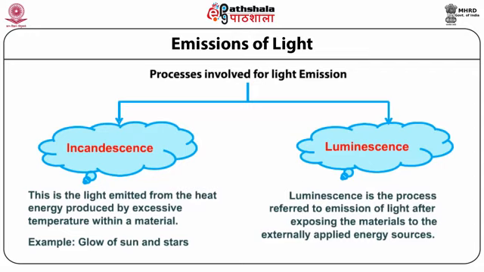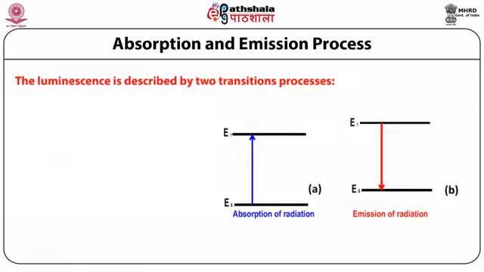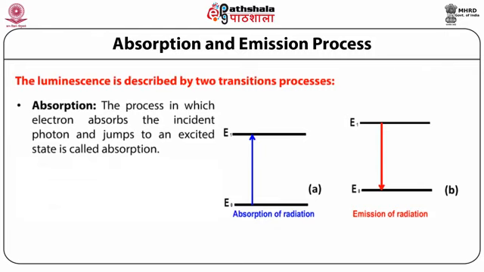Luminescence is described by light absorption and emission processes. In the absorption process, the electron absorbs the incident photon and jumps to an excited state.